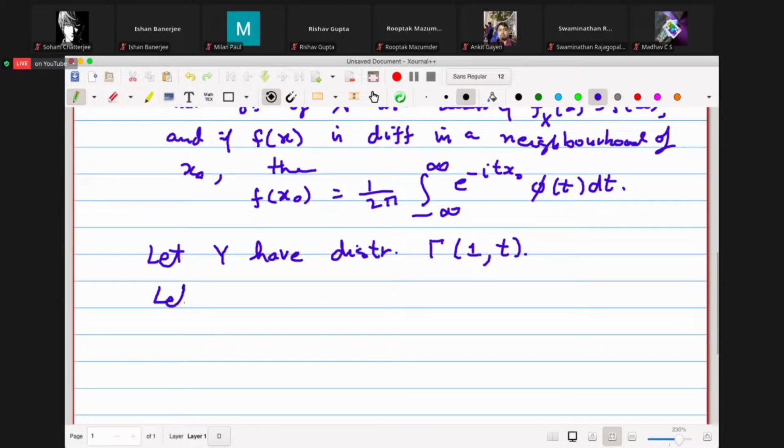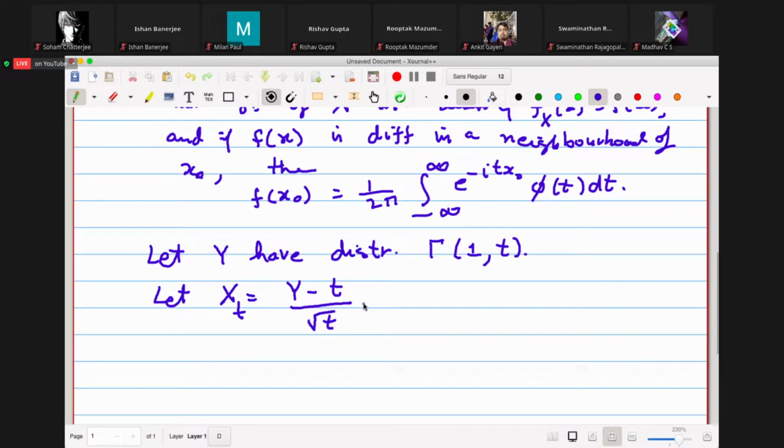And we let x equal to y minus t, divided by root t. And here, let us call this x_t. Okay, the value x_t depends on t.